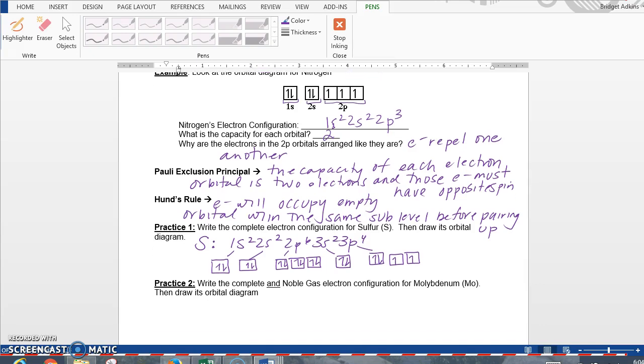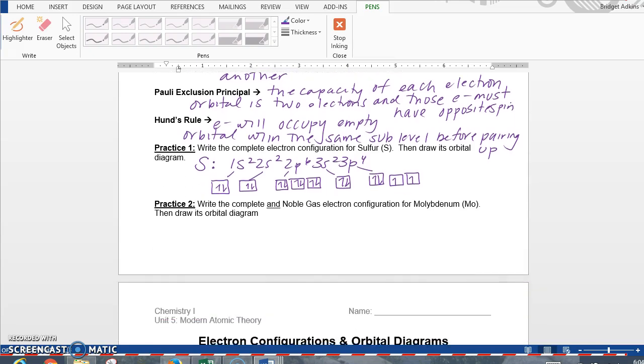All right, so the next one's asking for Mo, the complete and the noble gas configuration. And then we're going to draw the orbital diagram. We're going to do what's called the abbreviated orbital diagram, because as you can see, it gets very repetitive, just like our electron configurations did. And so the noble gas we'll do the same way with the shorthand notation.